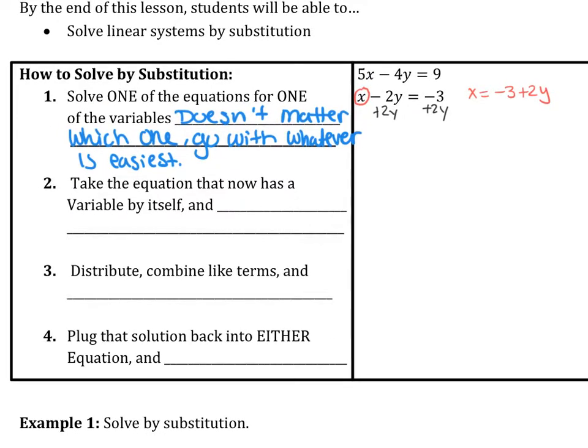Okay, so again, you can solve for any one, but if one of the variables just has that 1 or doesn't have any other coefficient out in front, that will be the quickest and easiest one to get by itself.